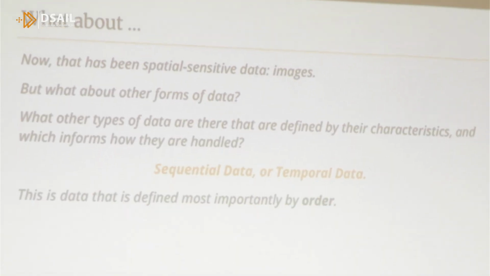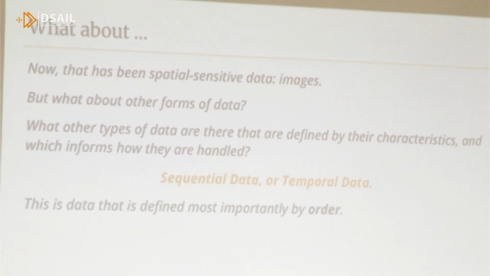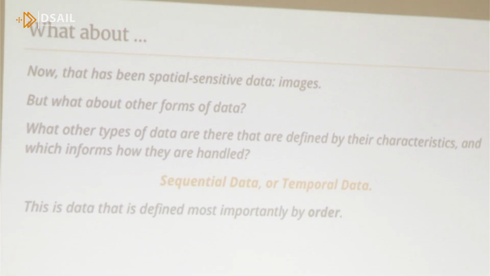But when you come to sequential or temporal data, data that is defined by the sequence, that is the steps or the aspect of time, order is very important. Just as images have spatial information, information about space, and when we alter that data it affects the model and we lose certain information, so also in sequential data we have to capture the temporal aspect, the order in which the data comes.